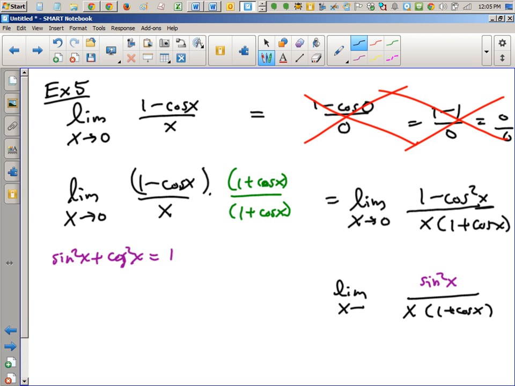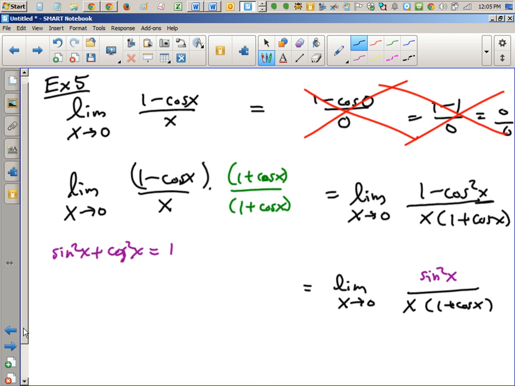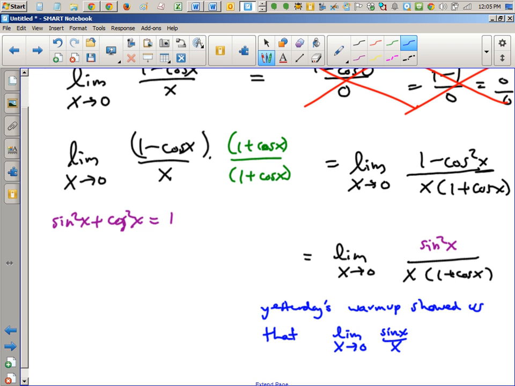Okay, take out your warm-up from yesterday and look at the very first problem. Look at the first problem in our warm-up yesterday. What was the limit as x approaches 0 of sine x over x?